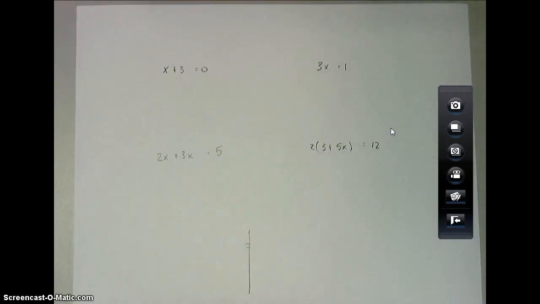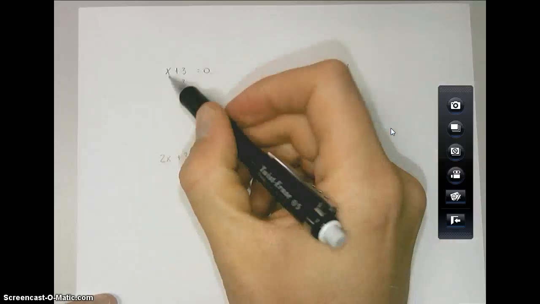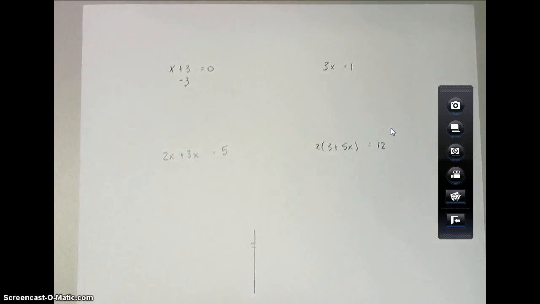I'm just changing it so that it's easier for me to work with. So if I want to solve this and know what x is, I can move this around so that it's easier to understand. What I want to do is subtract 3 from this side because I want to have x by itself. I want to isolate that variable on one side.